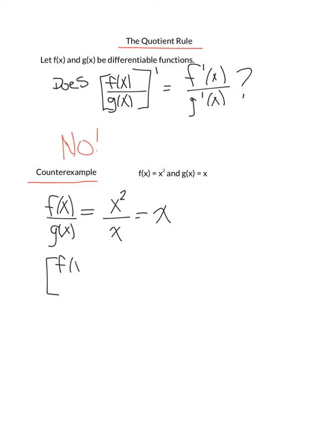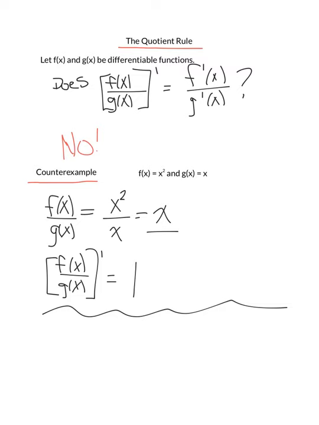So now I'm doing f of x over g of x prime, so the derivative of this, so that's just 1. Next, what I'm going to be doing is f prime of x divided by g prime of x.